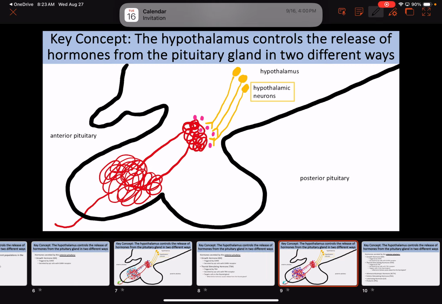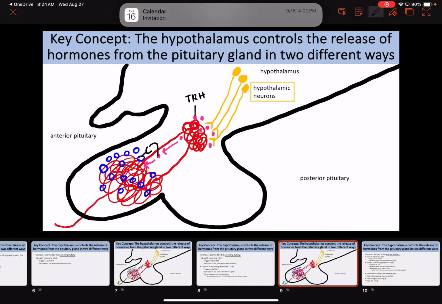I did it in different colors, but it's the same drawing. This is our thyroid releasing hormone, or TRH, coming from the hypothalamus. That is going to travel down the portal system until it reaches a set of cells that have a receptor for that TRH.